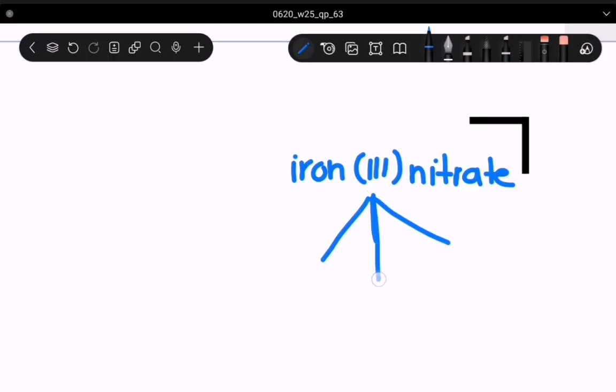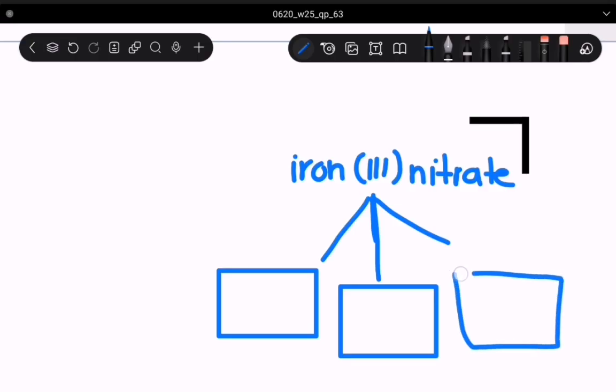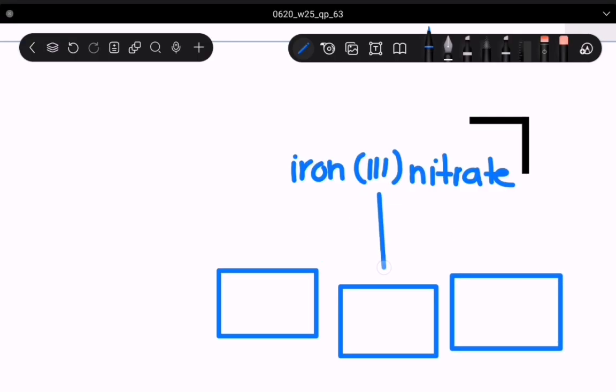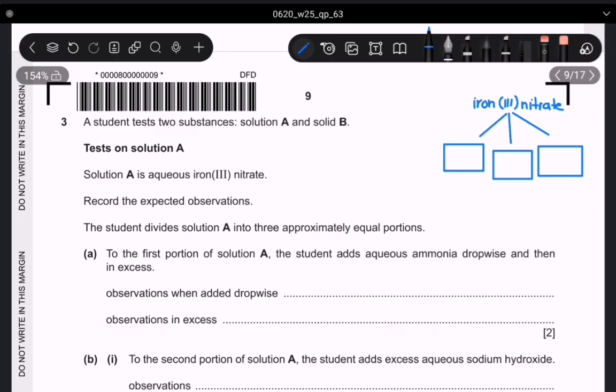I'm going to make a box here for every single one. These are the tests being conducted on this compound.